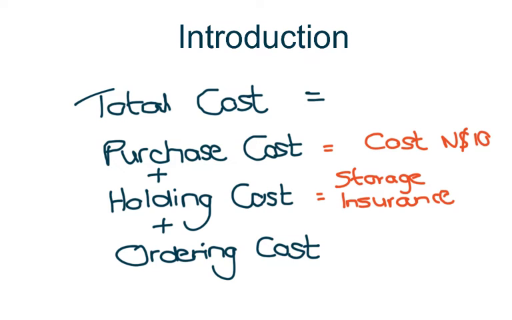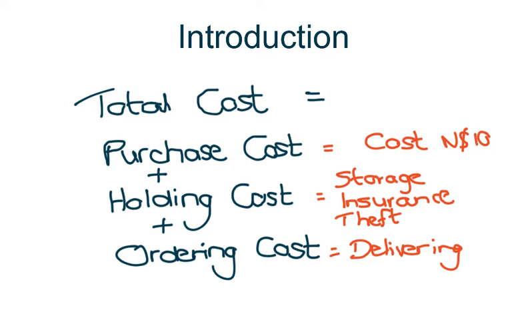Someone can steal the cool drink, so there will be theft involved. This cool drink can get old, and then you need to sell it at a lower price, and we call that shrinkage. And then also, if you look at the ordering cost, someone will have to deliver this cool drink to your store. So there will be delivering costs.